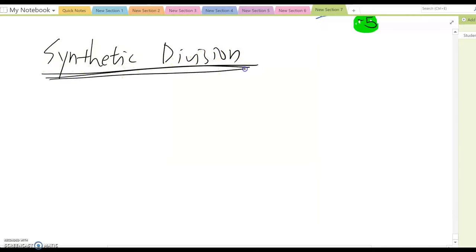Synthetic division is a little bit easier compared to the long division method, but it has a little bit of a limit.